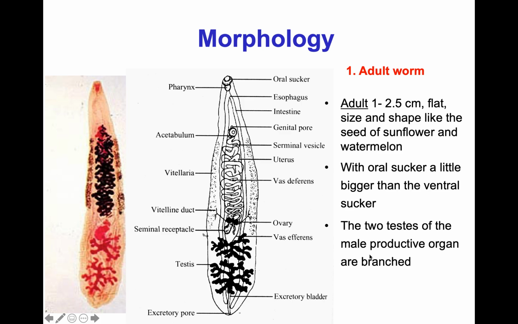These two suckers are of different sizes. The two testes of the male reproductive organs are branched. So you can see here at the lower place, these are the testes, and they have many branches, and that's why it has its name in Chinese.